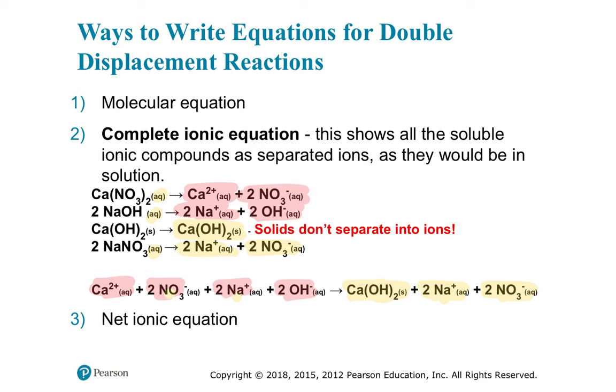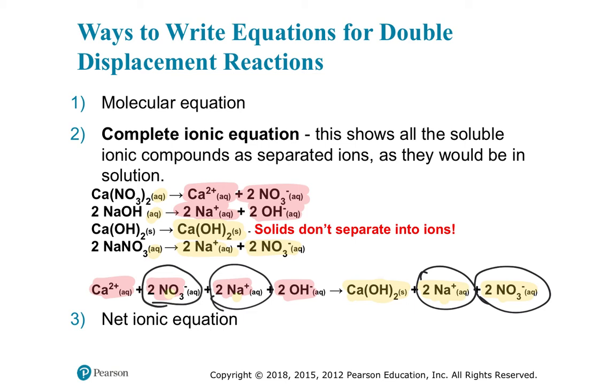Also notice that some ions appear in the same way on both sides of the arrow. So here we can see that the nitrate ion appears both ways, and the sodium ion appears the same way. And if it appears the same on both sides of the equation, it's called a spectator ion.